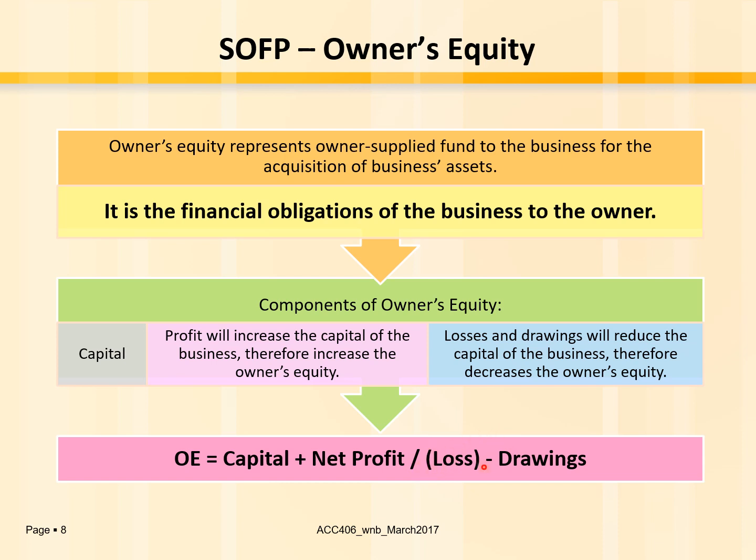Nampak tak? Kita kurungkan dia. So, kalau loss maksudnya owner's equity equal to capital, tolak loss, tolak pula drawings. Okay. Kalau profit, owner's equity equal to capital plus net profit minus drawing. Because drawing ni memang akan mengurangkan modal. Okay.